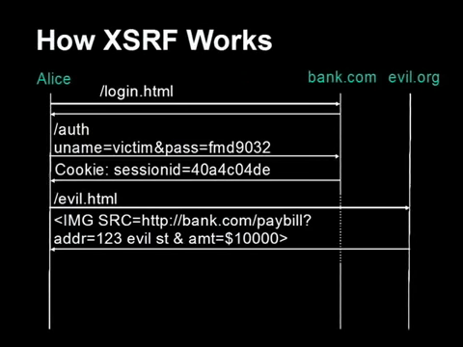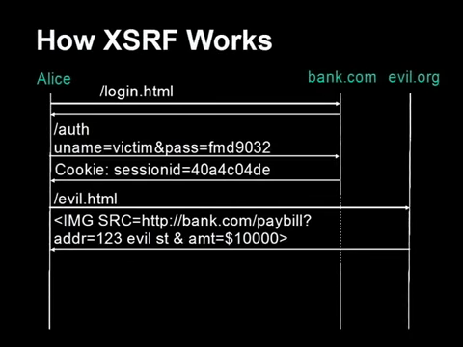And so it specifically says, hey, go ahead and make this request to this paybill script at bank.com to go ahead and get this quote-unquote image. And by the way, supply these parameters. The parameters are the attacker's address and the amount, in this case, $10,000.